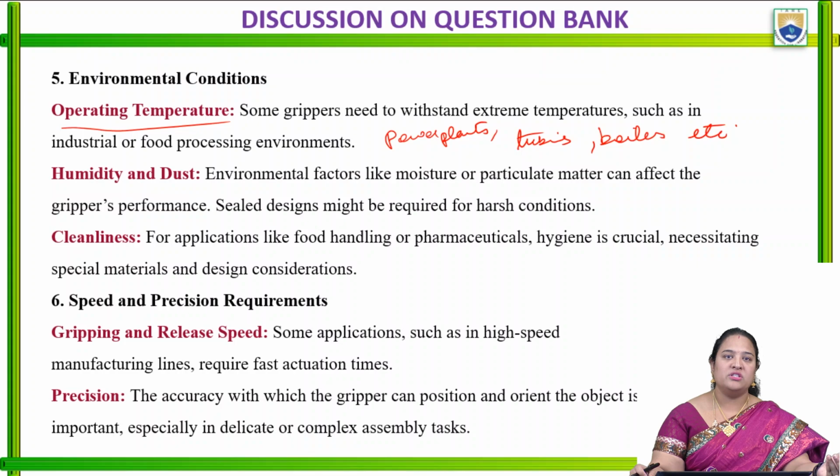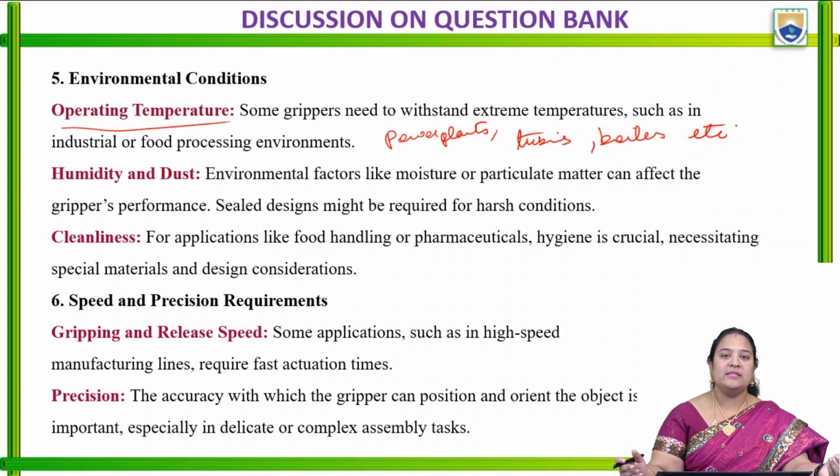Or when we come across humidity and dust, for example, if we go to the areas where we have high humidity and where we have high dust, what happens? The gripper gets rusted out, right? So when we have less moisture or when we have more moisture content, what happens? The sealing design gets damaged, it gets harsh.